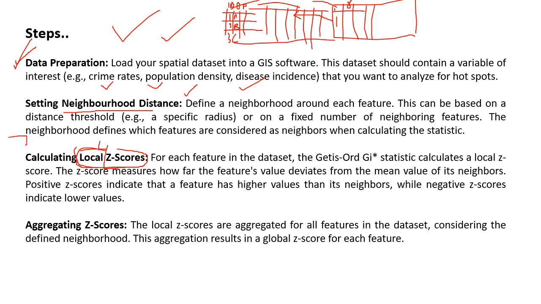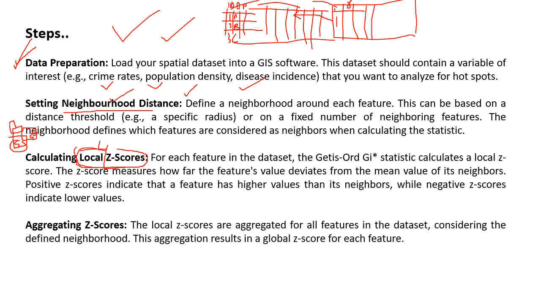Local z-score means that if these are the polygons here and these polygons have different values, like maybe this is 5 here and this is maybe 50, then after giving the weight, these values will be changed, because here you are giving the neighborhood distance.